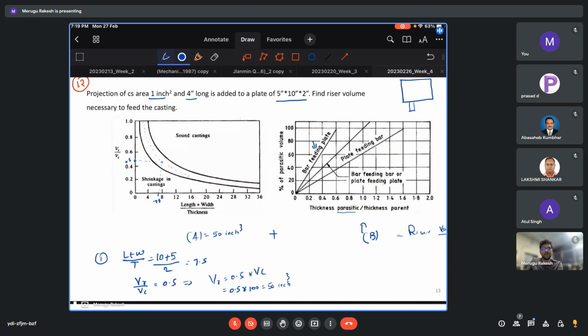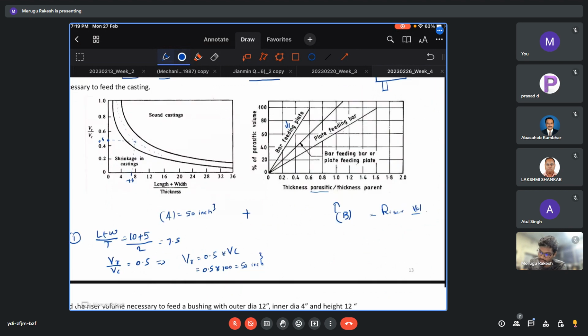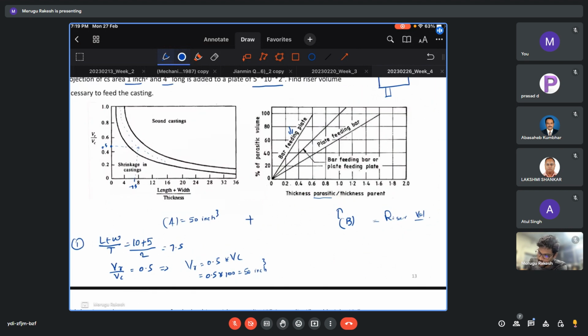Now I need to calculate the volume for these parasitic things. Here also we find the thickness of the parasitic by the thickness of the parent.